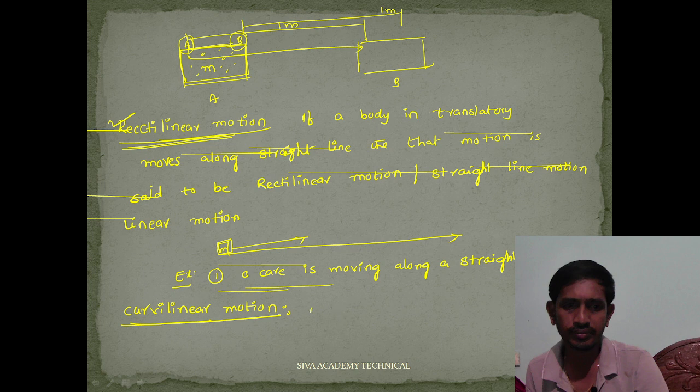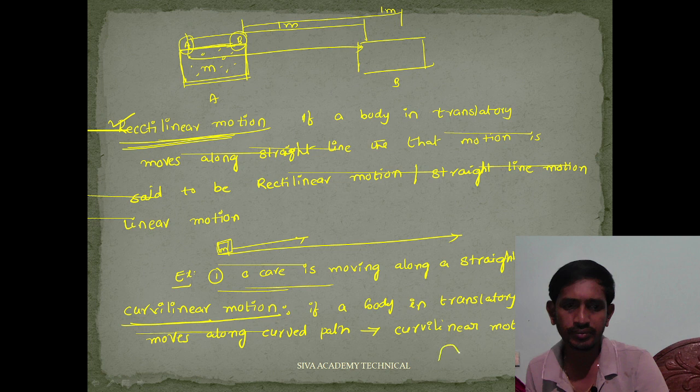If a body is translatory and moves along a curved path, then that is called curvilinear motion.